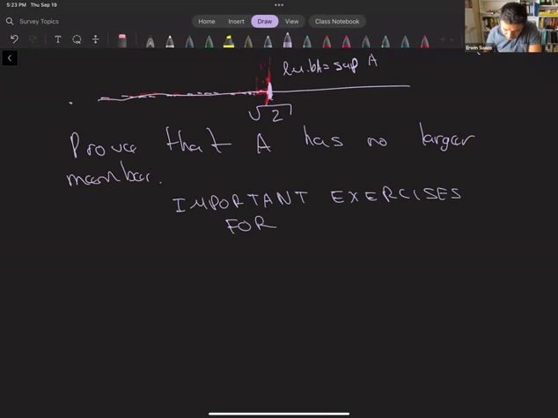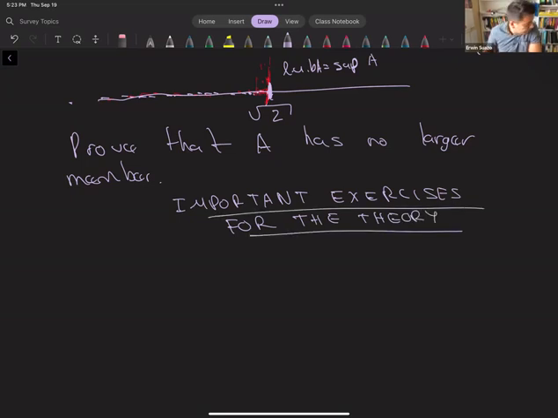For the theory, let's call it a proposition. But this is in the book as exercise 43.